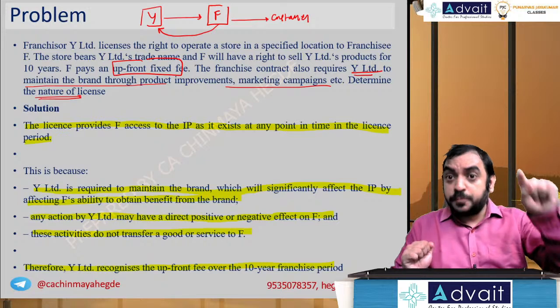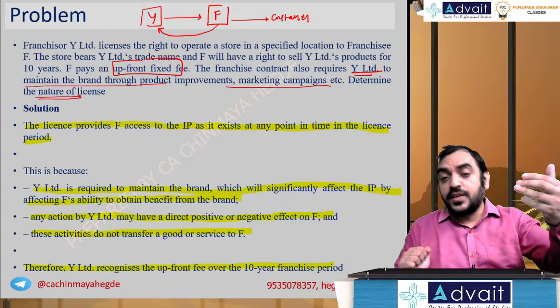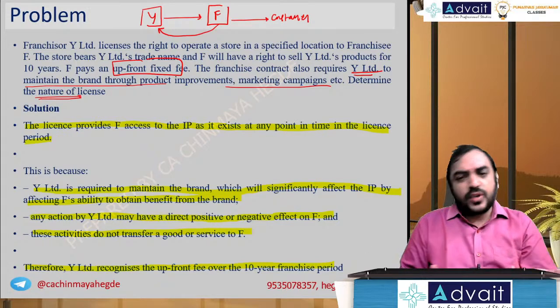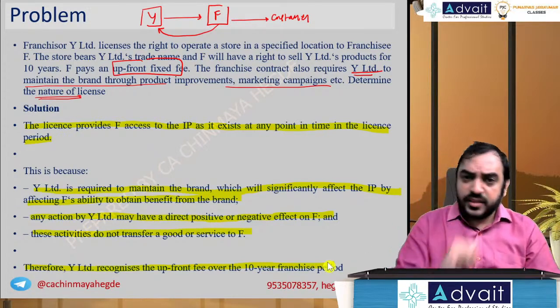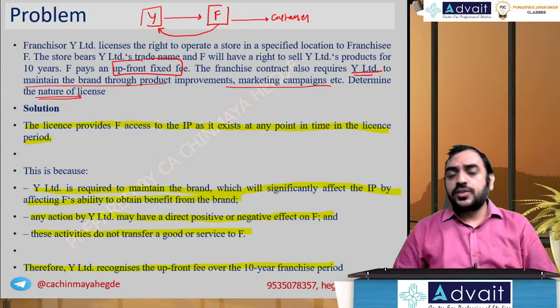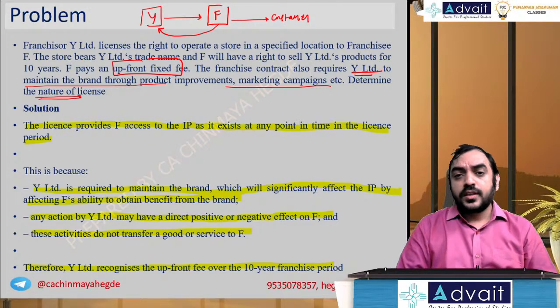And they are expected to do some continuous activities. If they are not expected to do continuous activities, then you can say it is recognized immediately in the main company. I hope you understood the overall framework, overall point of view.